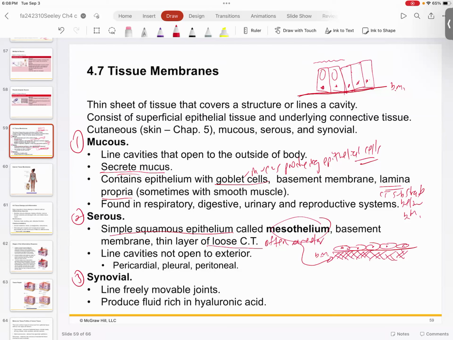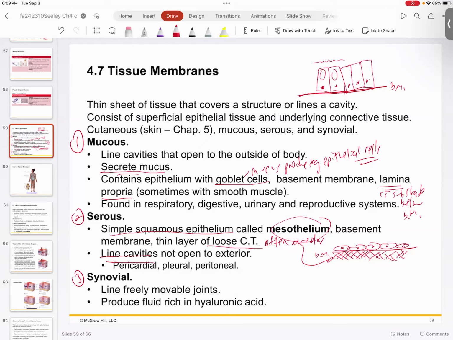What this is doing is lining two things. It's lining the cavities that are not open to the exterior, they're internal. And then there's another layer that lines the organ itself, right? So serous membranes have a basic construction to them.